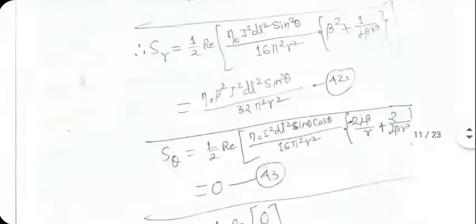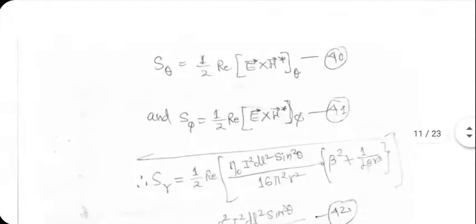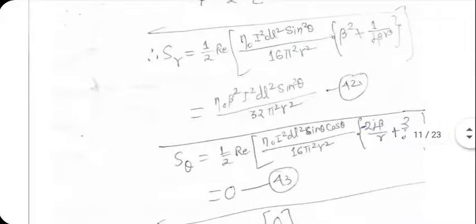Please do it yourself once. The theta component is given by this formula, which actually turns out to be 0, interestingly. Once you plug in all the values, you will see that everything cancels out within brackets. Even in near field, it seems that the Poynting vector has only an R component.